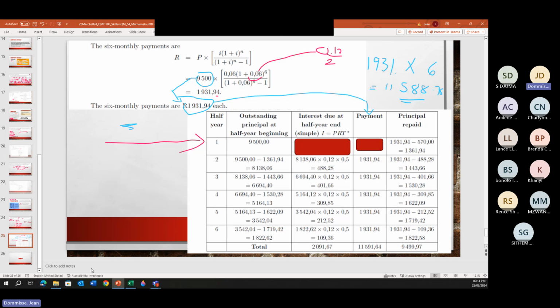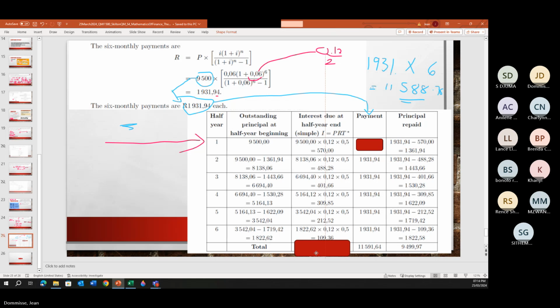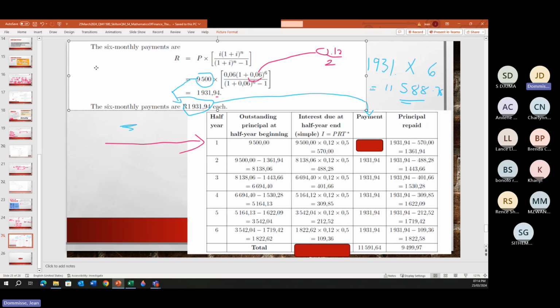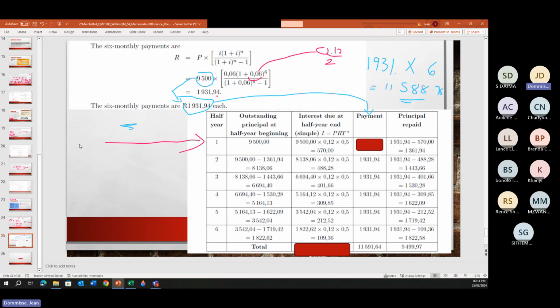So if I say to you, what is the interest that he paid, you could have said, okay, that 11,558 is the 6 periods that I paid that payment. If I subtract the original amount, I will be able to get the total interest that I have paid. Okay, so that is one way to do it.